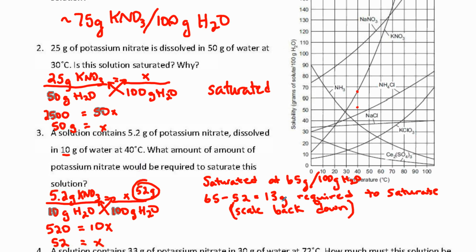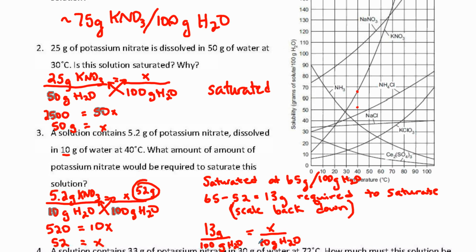So we need 13 grams if we had 100 grams of water. How many grams would we need if we only have 10 grams of water? You could figure that one out in your head, but let's set up a proportion. 13 grams if we had 100 grams of water; how many grams would we need if we have 10 grams of water?